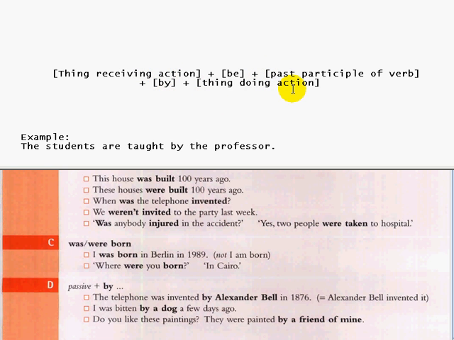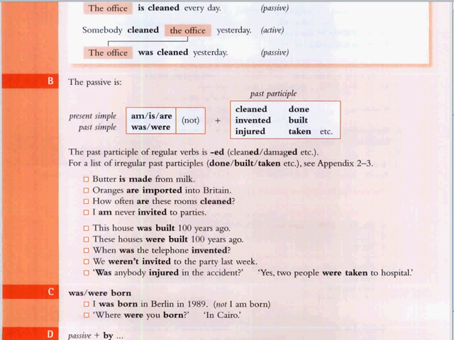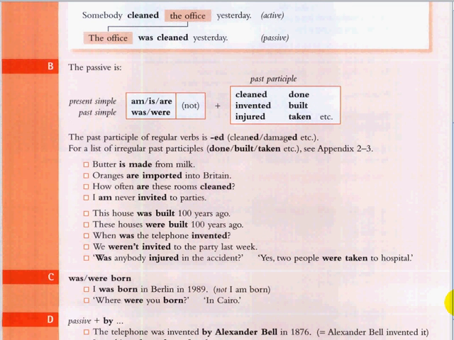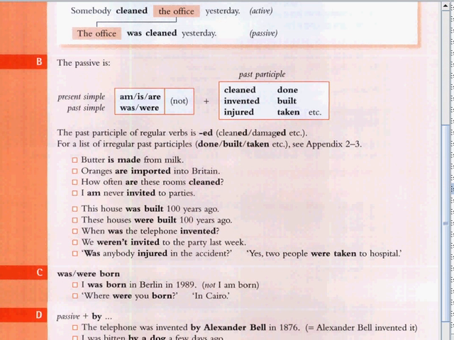Alright? Now let's read the example sentences. The telephone was invented by Alexander Bell in 1876. I was bitten by a dog a few days ago. By adds emphasis to our passive sentence.